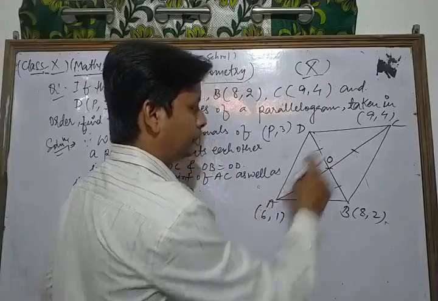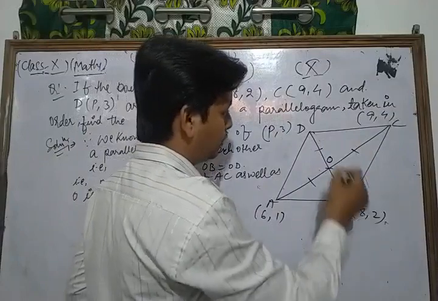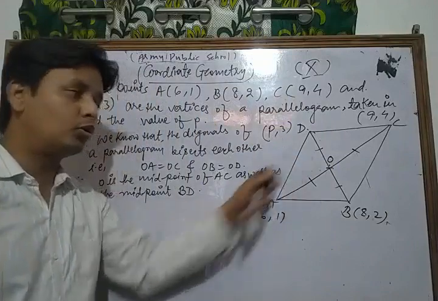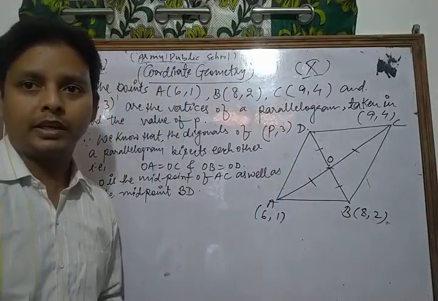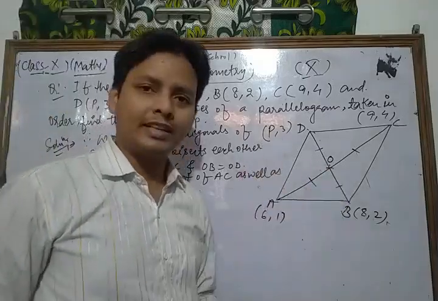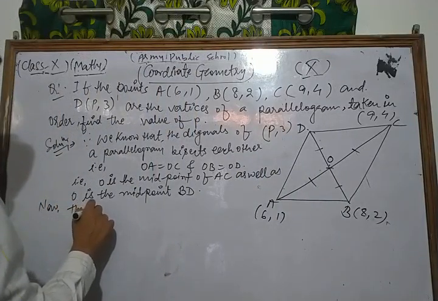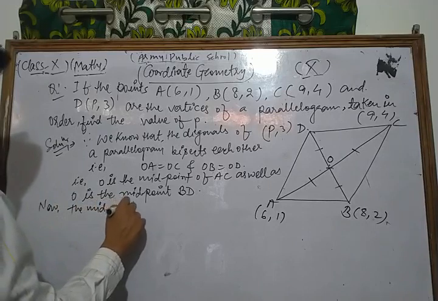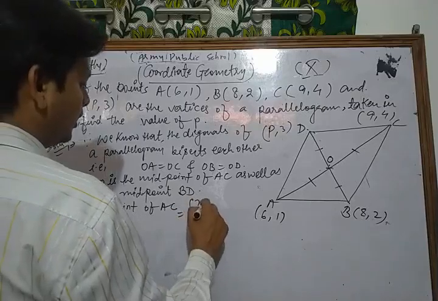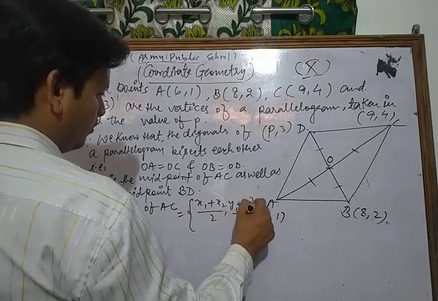So first we find the midpoint of AC, which is the coordinate of O. Then we also find the midpoint of BD, which is also the coordinate of O. So the coordinates are equal to each other, because O is the midpoint of both AC and BD. Now by the midpoint formula, the midpoint of AC is (x1 plus x2 upon 2, y1 plus y2 upon 2).